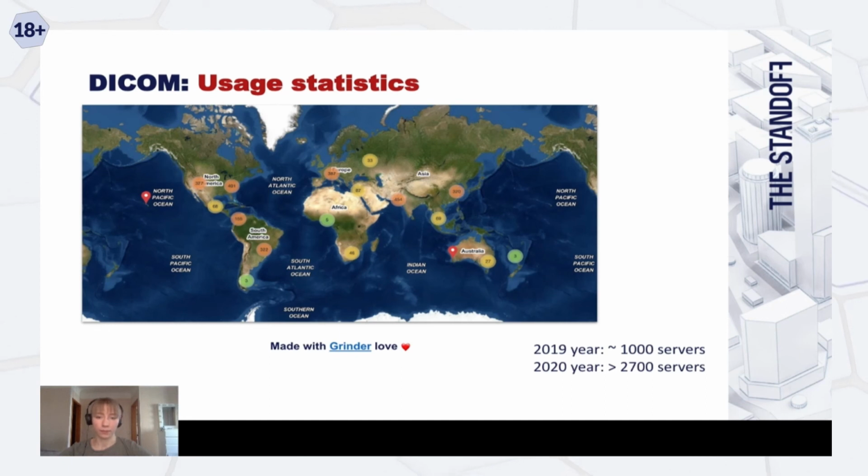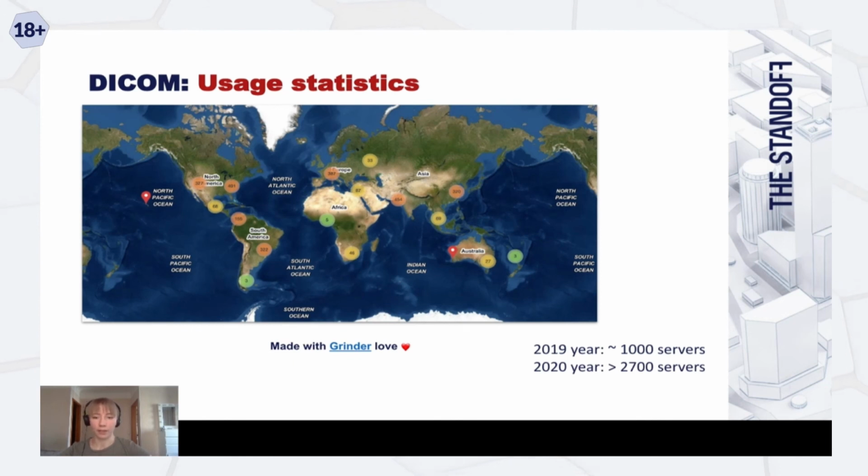We have some usage statistics of DICOM servers all across the globe. It's made with the grinder, and there's an interesting fact. When the group made the scanning of the DICOM servers in 2019, it was approximately 1,000 servers.